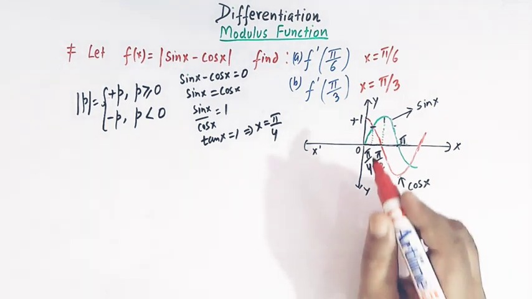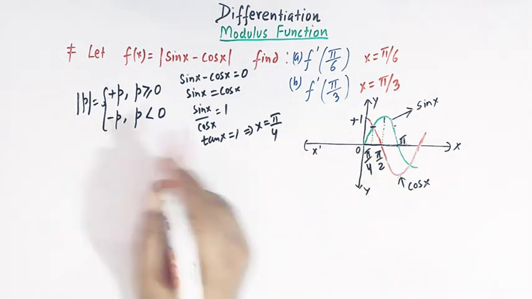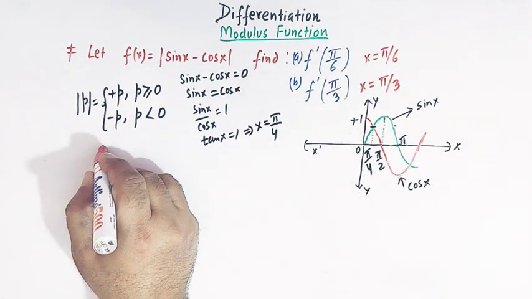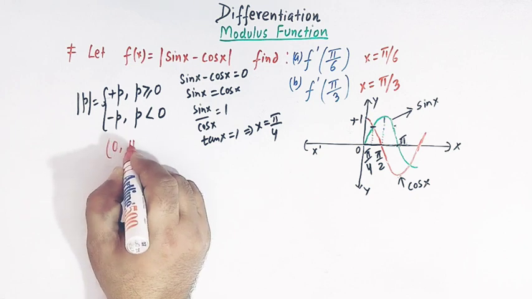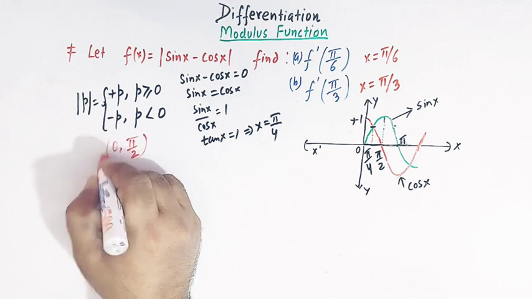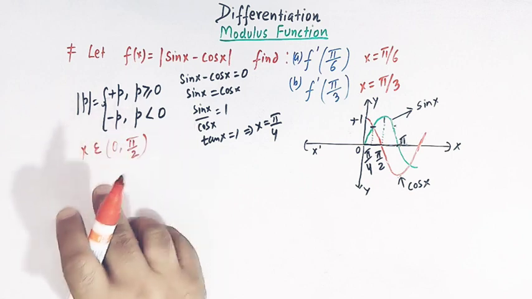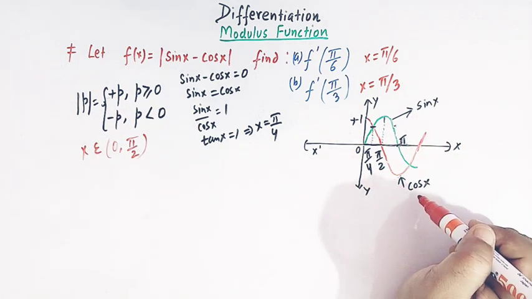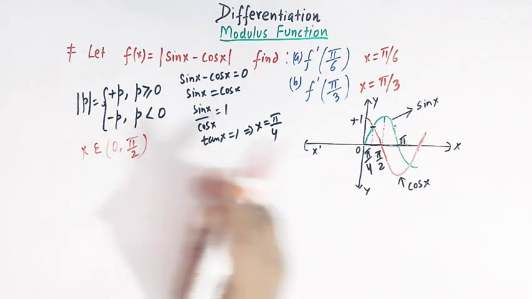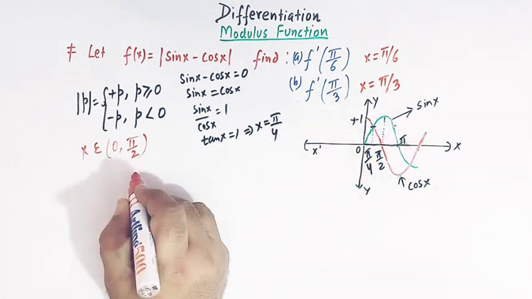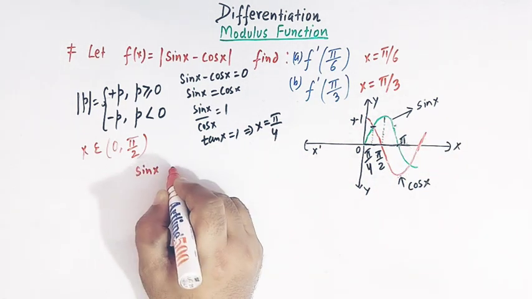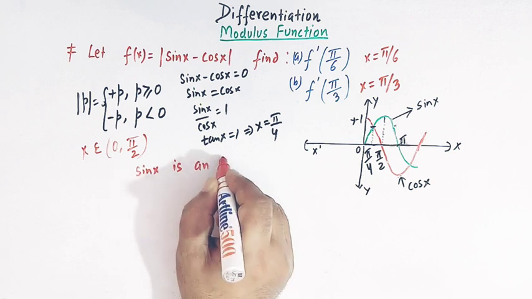Now viewers, let us consider the interval that is 0 to pi by 2, right? And here we'll consider the sine x and cosine x, right? So now see, this function sine x is an increasing function.